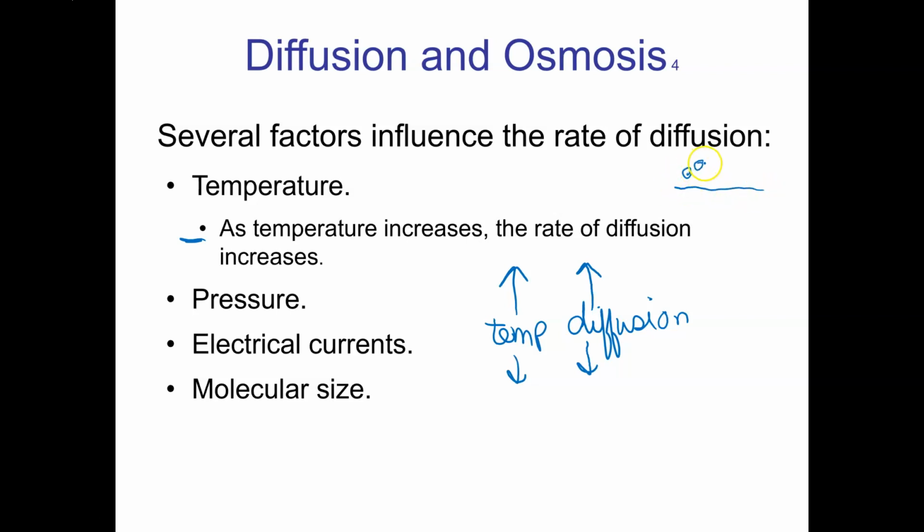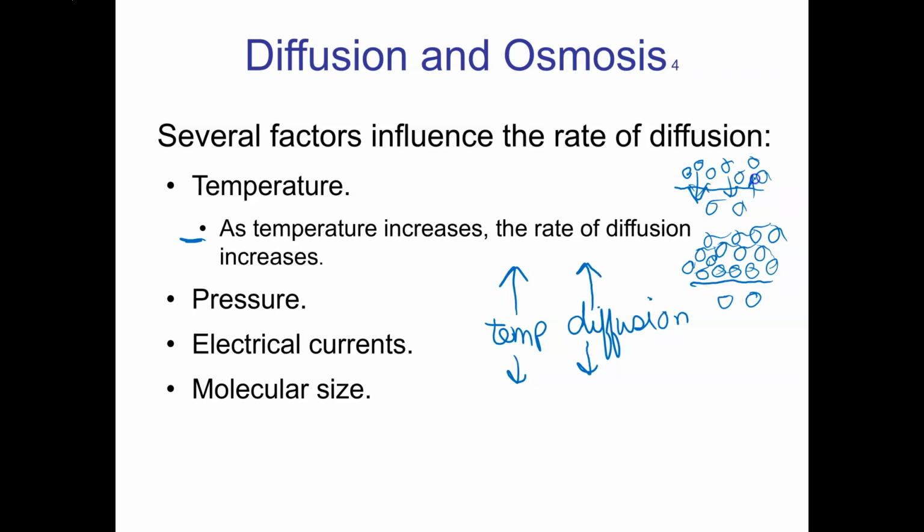If you have a concentration gradient like this, molecules are going to move across the membrane from higher to lower concentration, but they'll move even more effectively if you have more molecules on one side than the other.